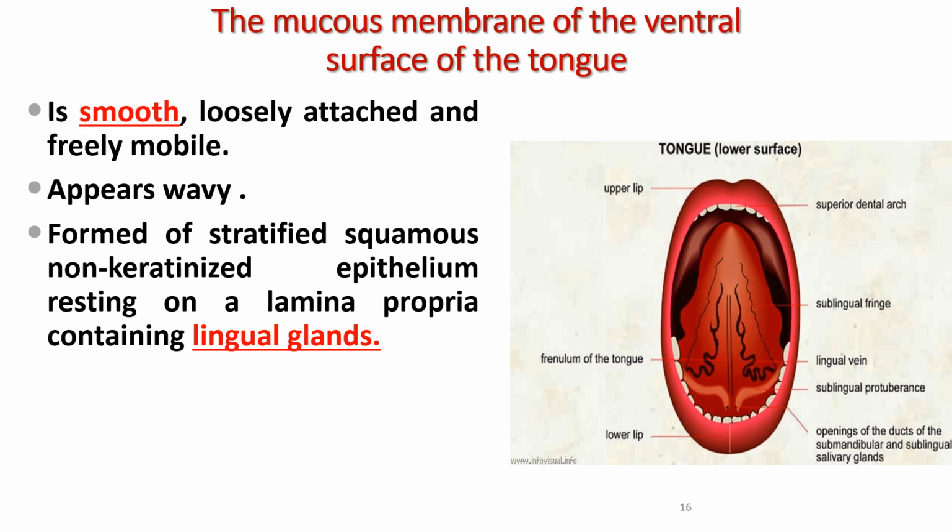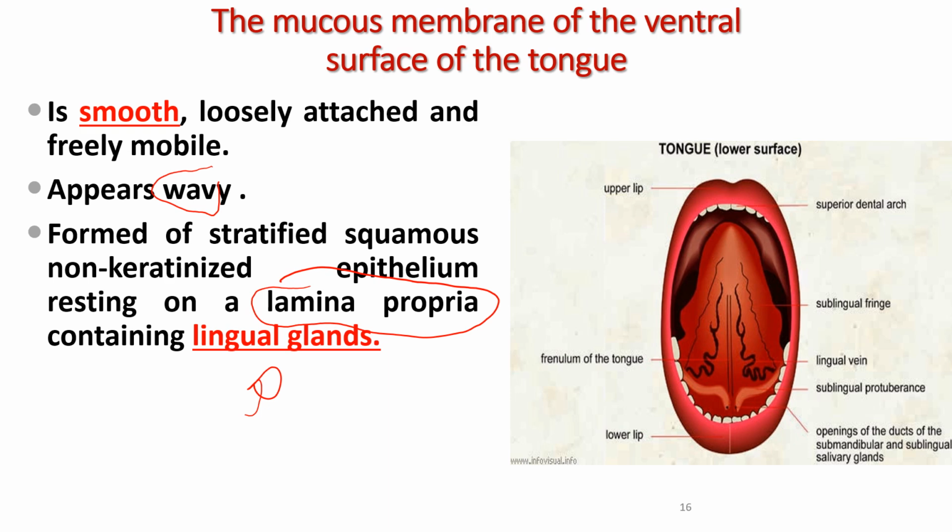It appears wavy due to the loosely attached epithelium to the connective tissue. Okay, it is covered by a stratified squamous epithelium resting on a connective tissue called lamina propria. It contains serous acini, the serous glands called lingual glands. They help to keep this surface wet.